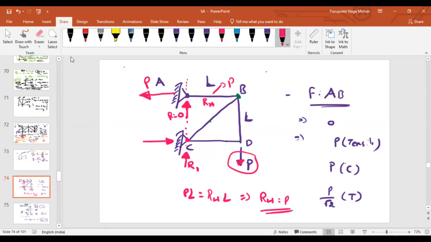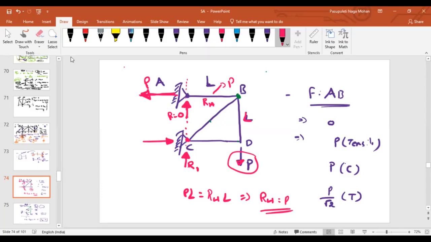If that has to balance, then it should be an anti-clockwise reaction only. Now if I take a reaction like this, which moment will act at this point? P into L, anti-clockwise. That means the reaction here is P.